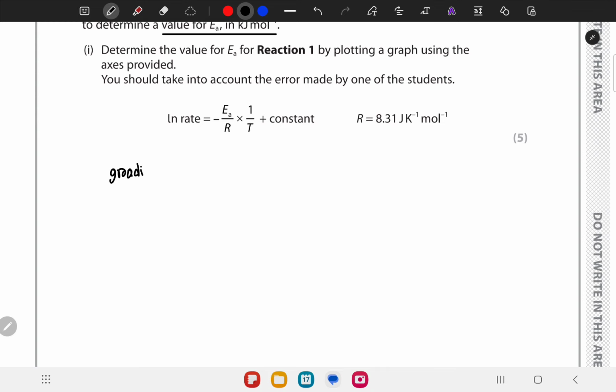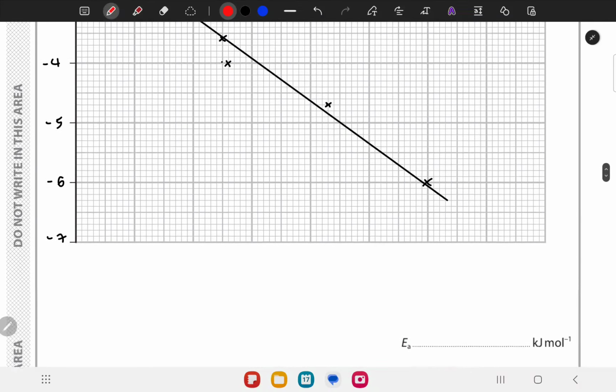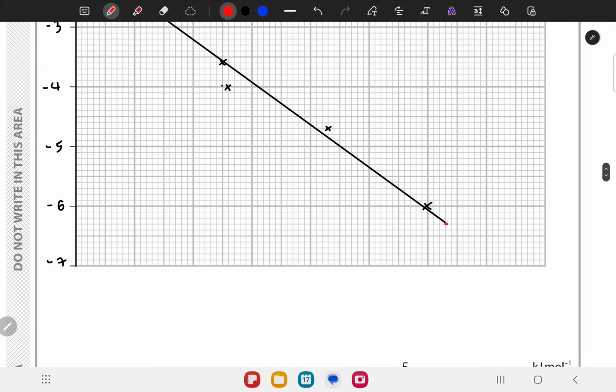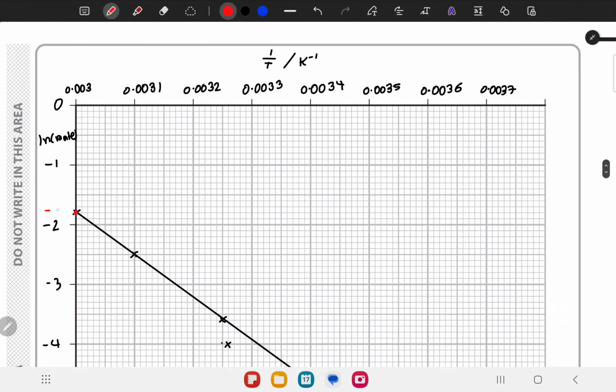So we'll consider this point and this point. This point is minus 6.3, and this point is minus 1.8.